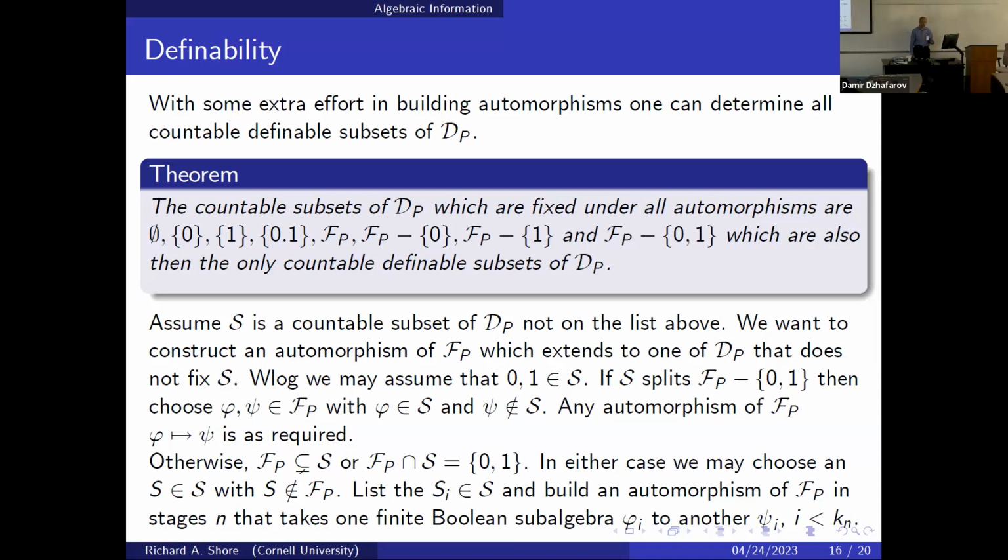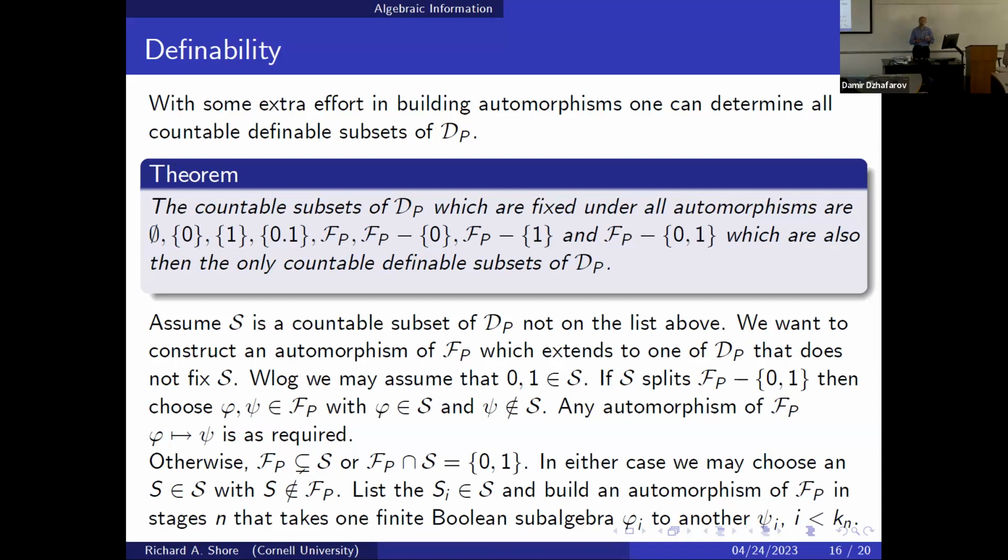And now you want to say, okay, now I've got a countable list of S_n's, and I want to not hit any of them. So you go along one at a time, building an automorphism, extending by 1 element, and I'm worried about the ones in my given S, that I want its image not to be in this countable list. And you say, well, I want to define my automorphism on the next element of my given S and make sure that I kill one of the S_n's.